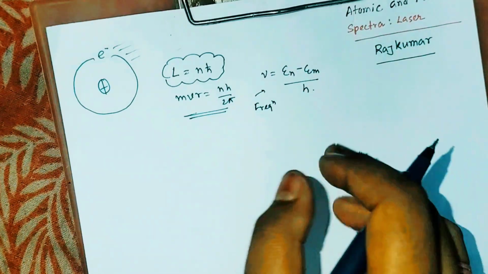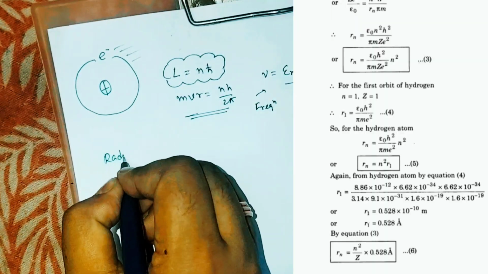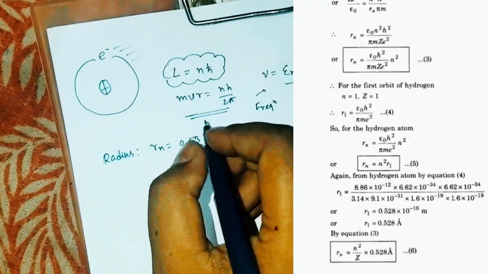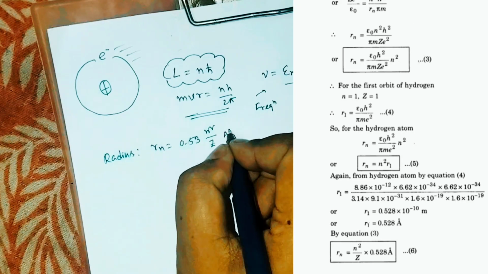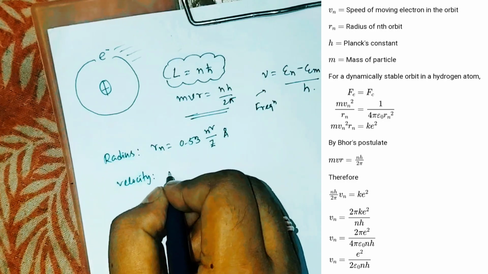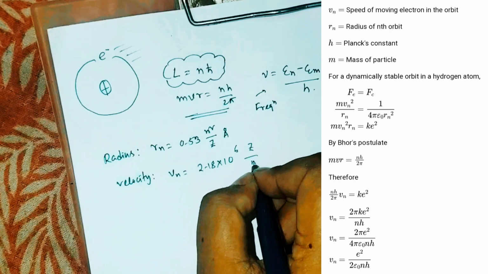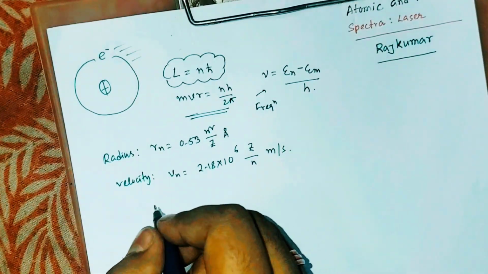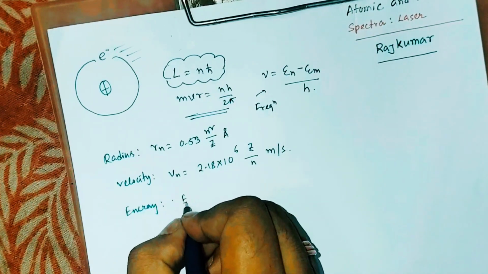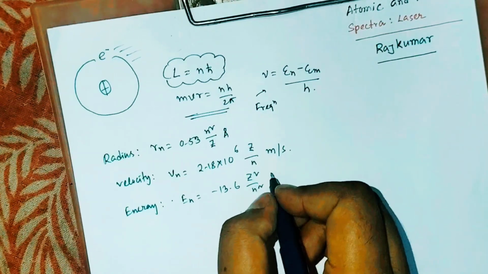In a nutshell, the basic parameters you need to know are: radius Rn equal to 0.53 n square by Z angstrom; velocity Vn equal to 2.18 into 10 to the power 6 Z by n meter per second; and energy En equal to minus 13.6 Z square by n square electron volt.